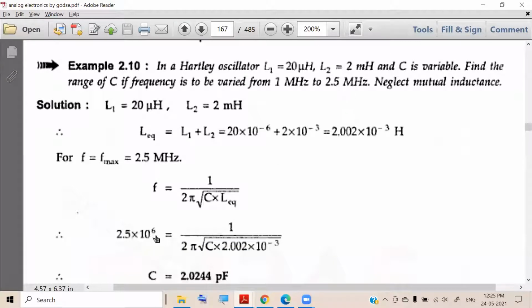So when F is equal to 2.5, why is the author taking this value first? Because F is in the numerator, C is in the denominator. So the highest value of F will correspond to the lowest value of capacitance.